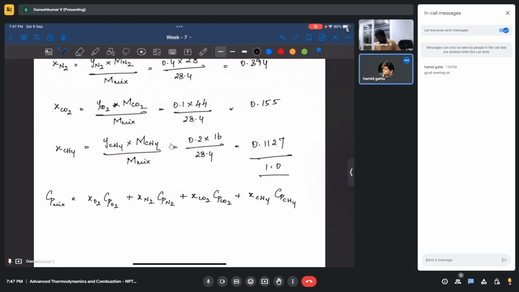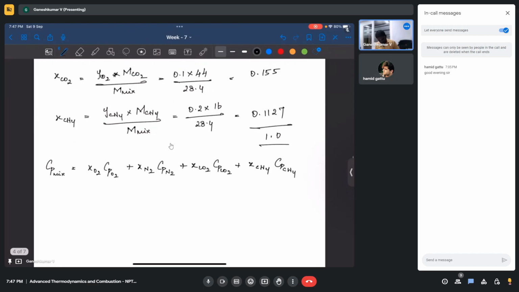Yes, sir, for now I have the data with myself. Let me write it down. 0.198 kilojoules per kg Kelvin, and CP of N2 is 1.039 kilojoules per kg Kelvin.